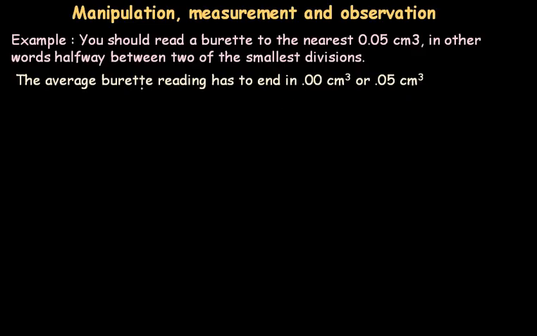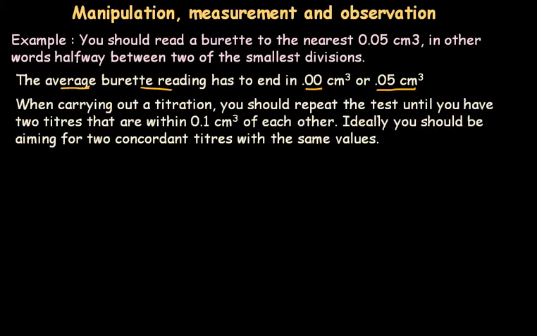And also the average burette reading which we take, that is, we take various accurate burette readings and then we need to take the average of those accurate burette readings to be considered for further calculation. Those average burette readings should end in 0.00 centimeter cube or 0.05 centimeter cube.